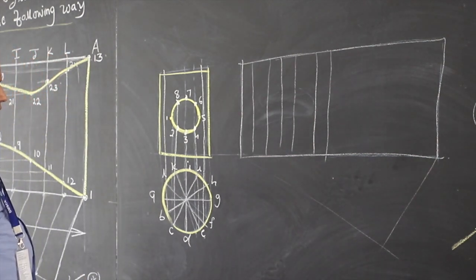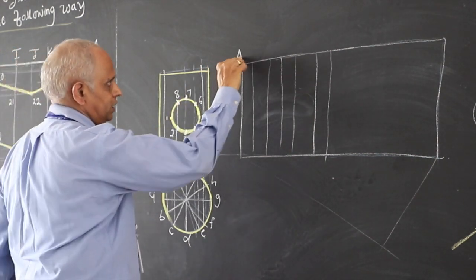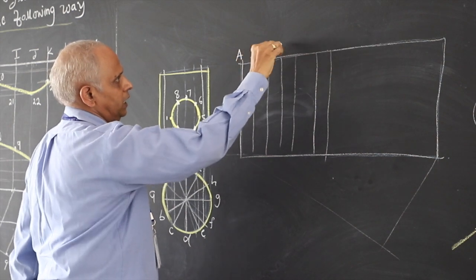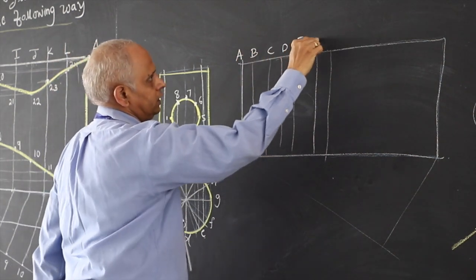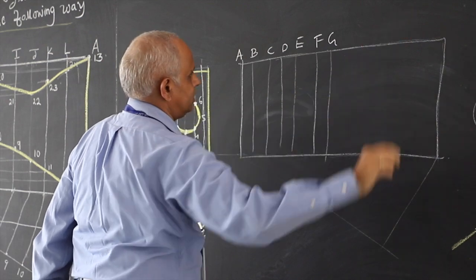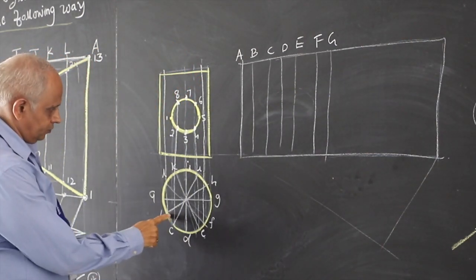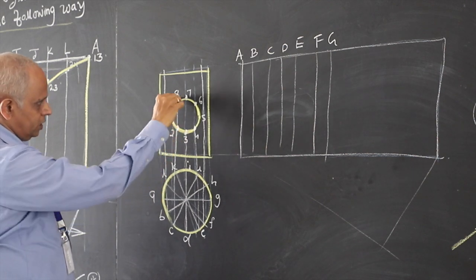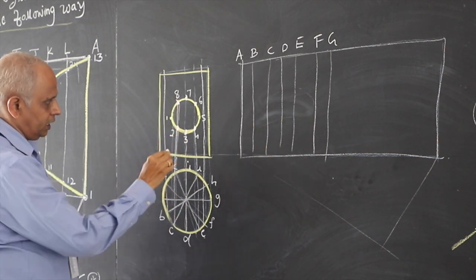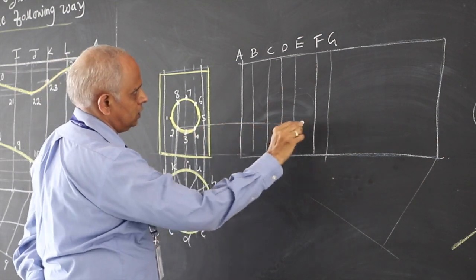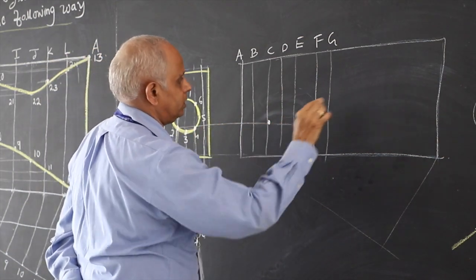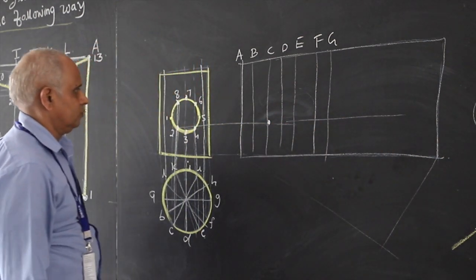Now, very important thing is, suppose I say this is A, B, C, D, E, F, G on the same lines. The other thing, section points 2 and 8 are along the generators C and K. So if you project it here, it is C, and of course there is K also here.